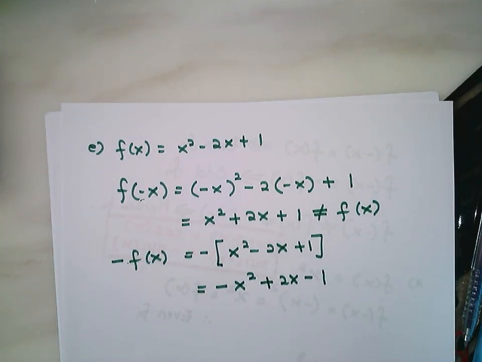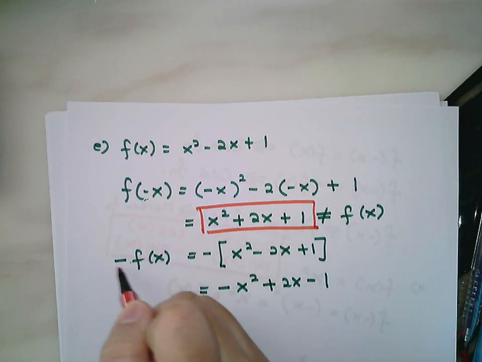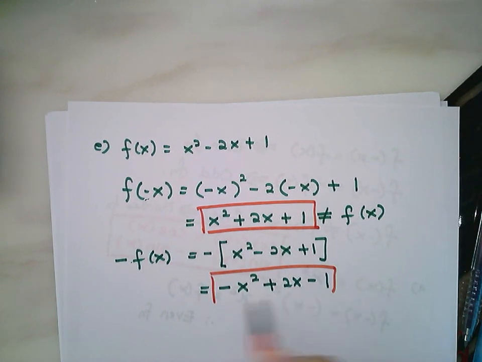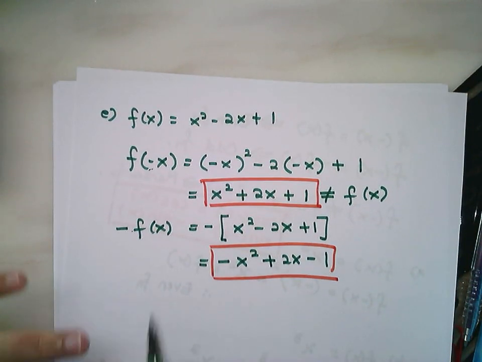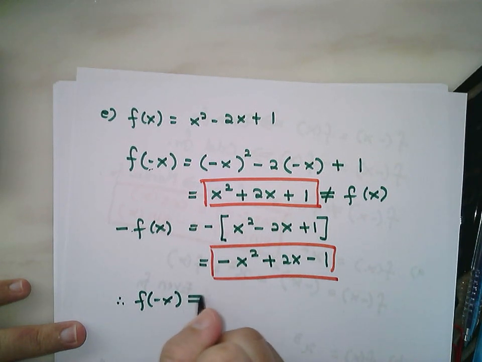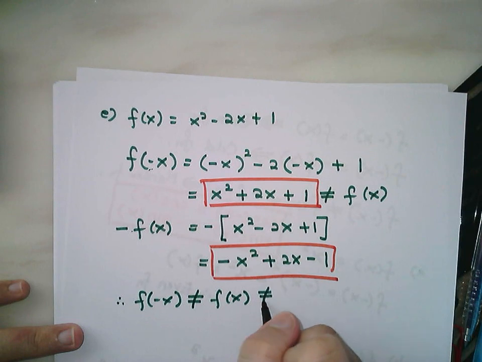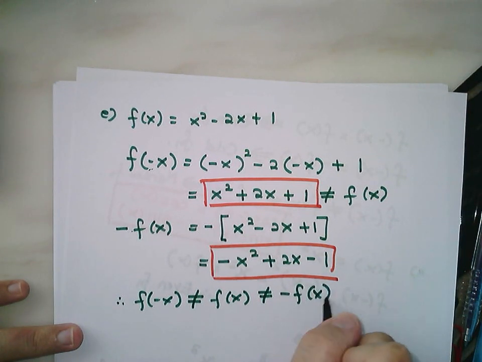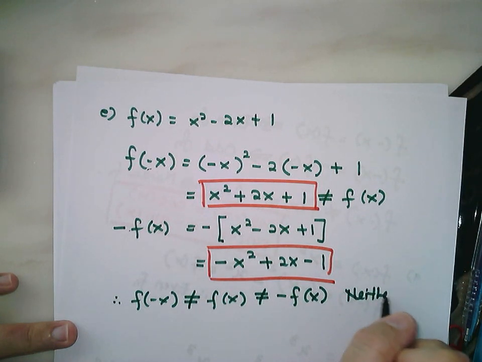So as you compare your f of negative x with negative of f(x), not equal. Okay, so therefore you can conclude that your f of negative x is not equal to f(x) and not equal to negative of f(x). So therefore this is a neither function.